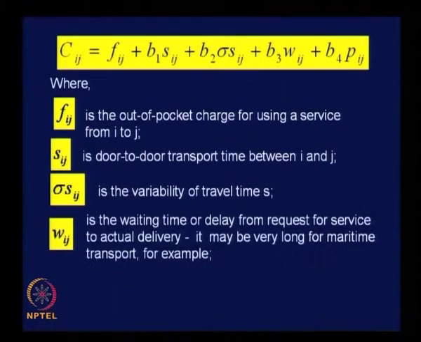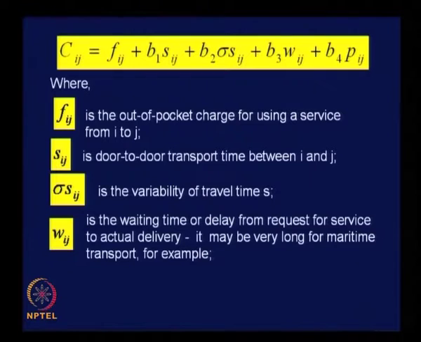And Wij is the waiting time or delay from request for service to actual delivery of service. It may be very long for maritime transport, for example, waterway transportation. You may send a request to come and collect a commodity for transportation, but you may have to wait for a long time, right.